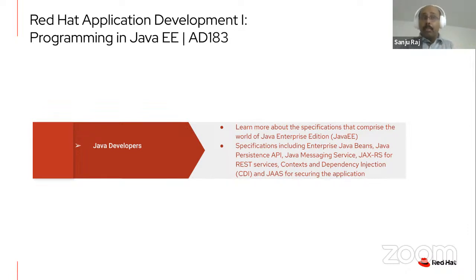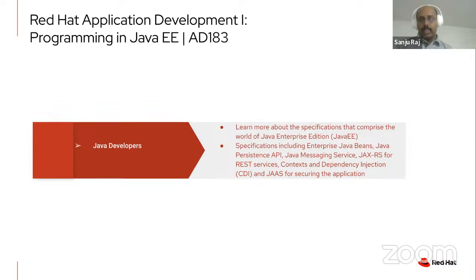Now we are talking about enterprise-ready applications. So should I start from scratch, or should I be able to use my knowledge of Java? Yes, any Java developers who have used the Standard Edition and want to start writing Java enterprise application code, this course or module is for them.